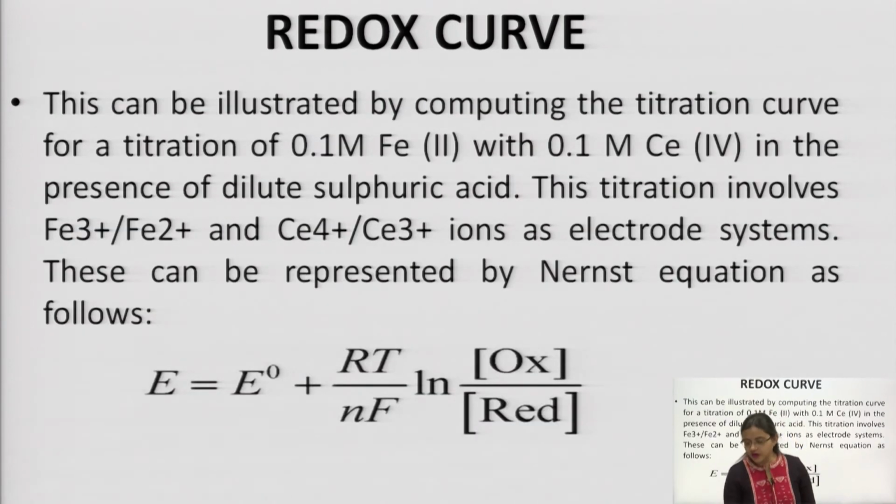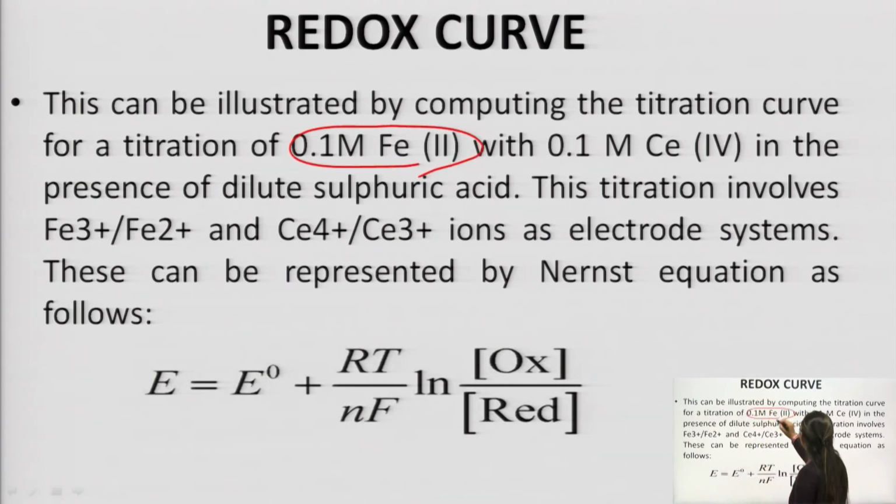तो redox curve को हम लोग इलिस्ट्रेट कर सकते हैं वेरी वेल विद द हेल्प ऑफ अ रिएक्शन और एग्जाम्पल ऑफ टाइट्रेशन. टाइट्रेशन बिटवीन आयरन एंड सीरियम. 0.1 molar of iron in +2 state or ferrous state is reacting with 0.1 molar of cerium in ceric state.